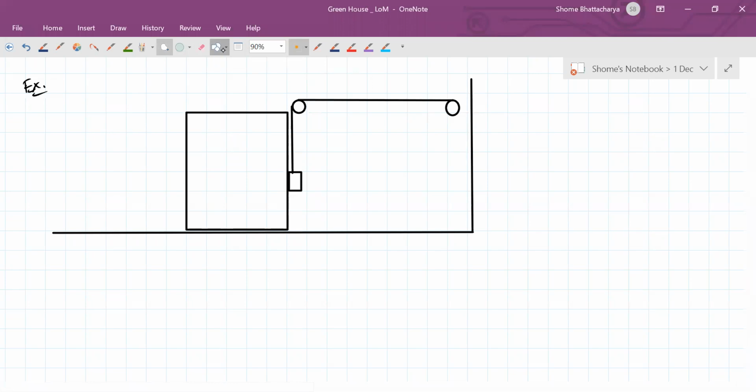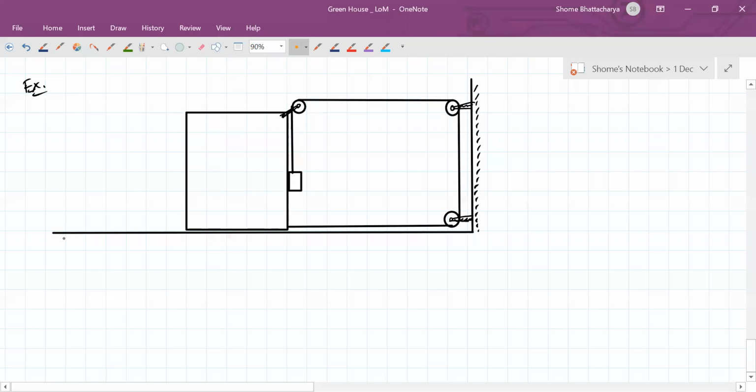And a system of pulleys like this. So these two pulleys are attached to the fixed wall, whereas this third pulley is attached to the corner of this block, and this is a smooth surface.